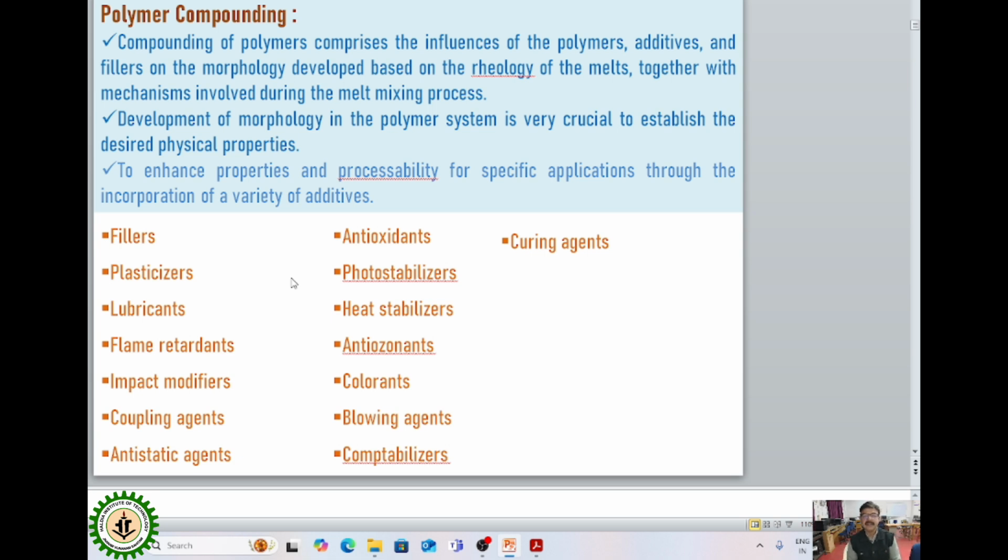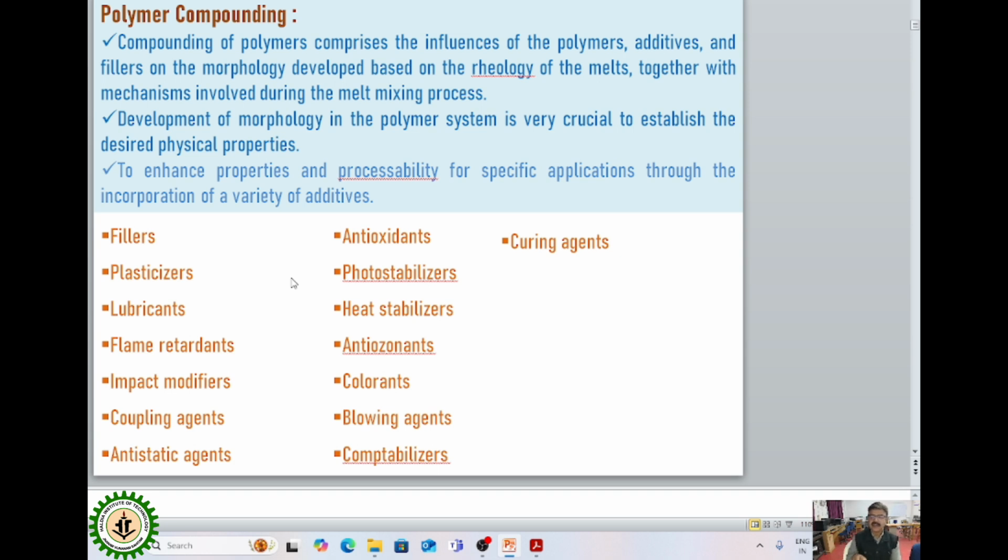So compounding ingredients are generally categorized in different categories like fillers, plasticizers, lubricants, flame retardants, impact modifiers, coupling agents, anti-static agents, antioxidants, photostabilizers, heat stabilizers, antiozonants, colorants, blowing agents, compatibilizers, curing agents.